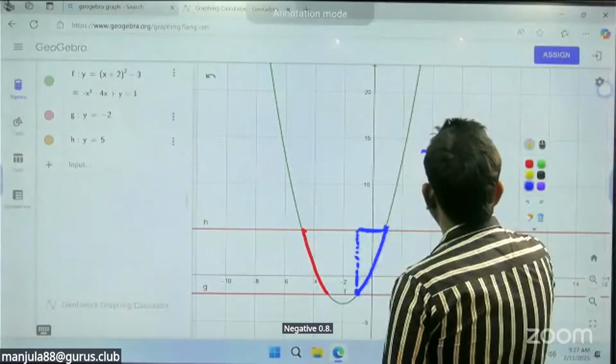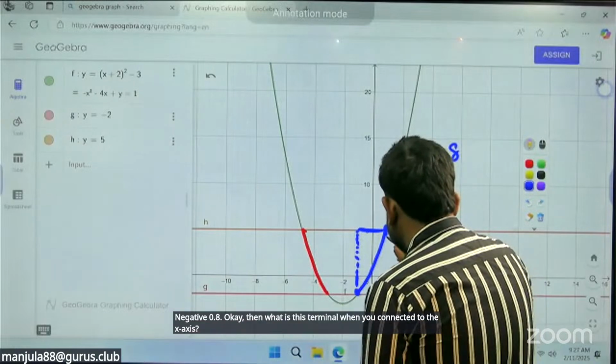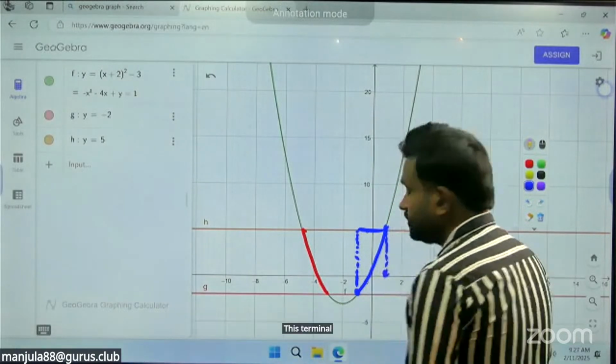Okay, then what is this terminal when you connected to the x axis? This terminal, what is that?